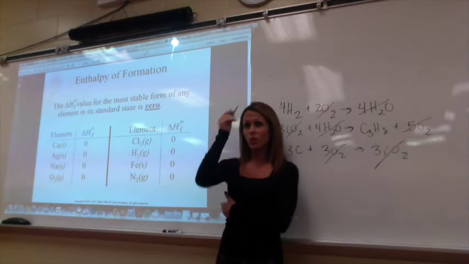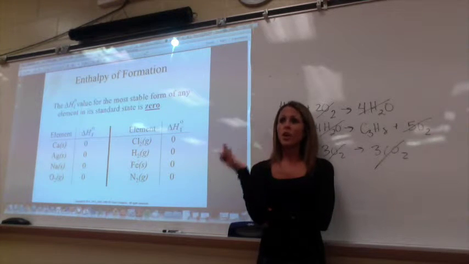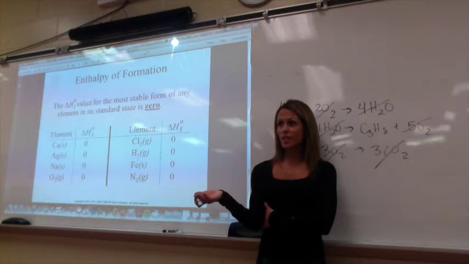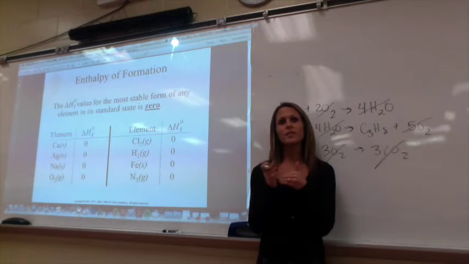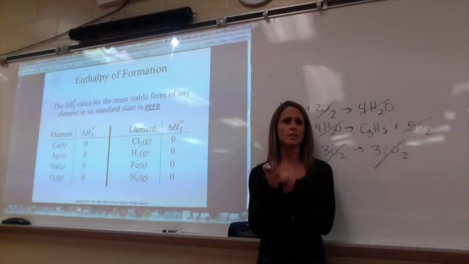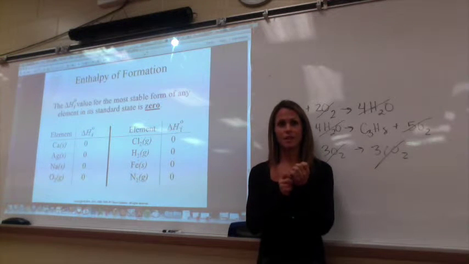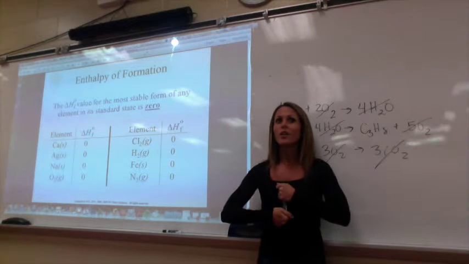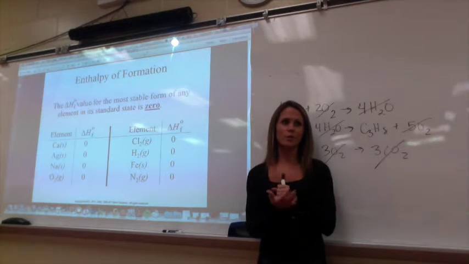As a side note, you're going to see this, I think, tonight for homework or somewhere. Carbon in standard state is just C solid, right? But carbon, you know, exists as what 2 things do you know it exists as, from your intermolecular forces unit? What type of solid does carbon always exist as?